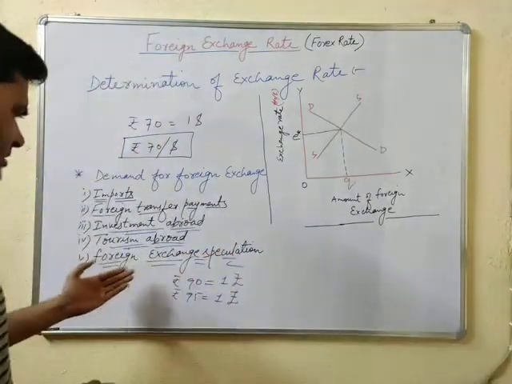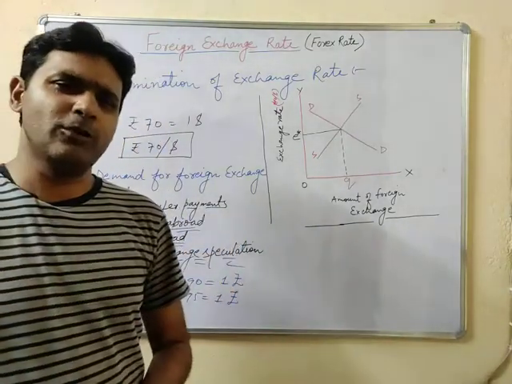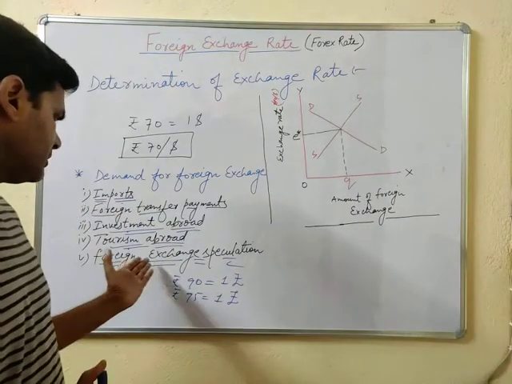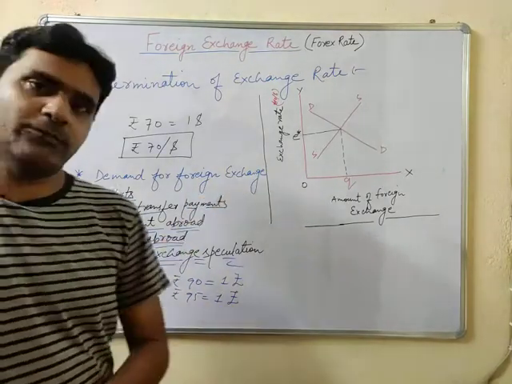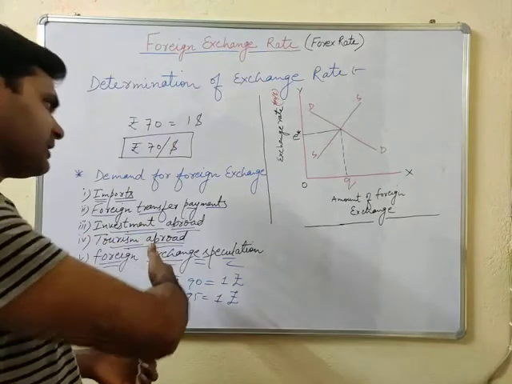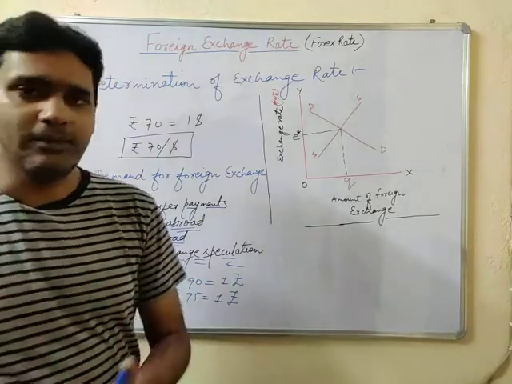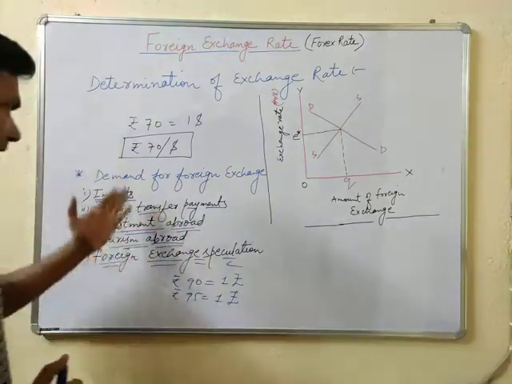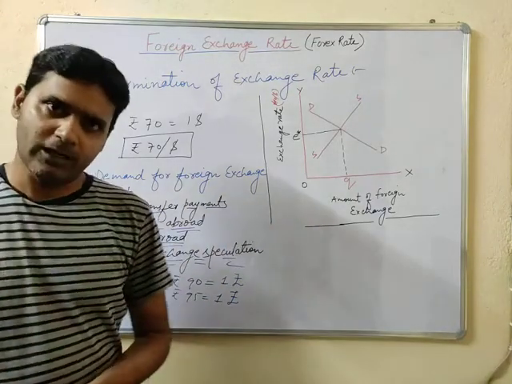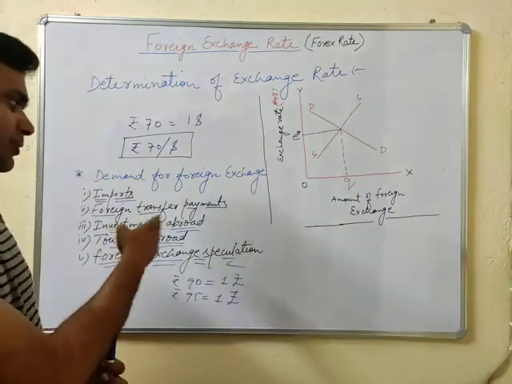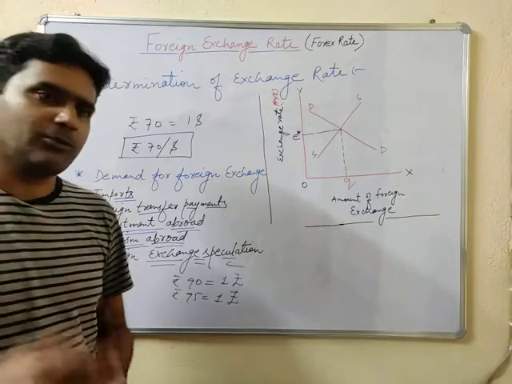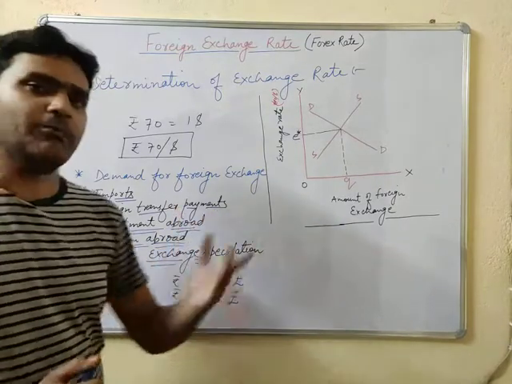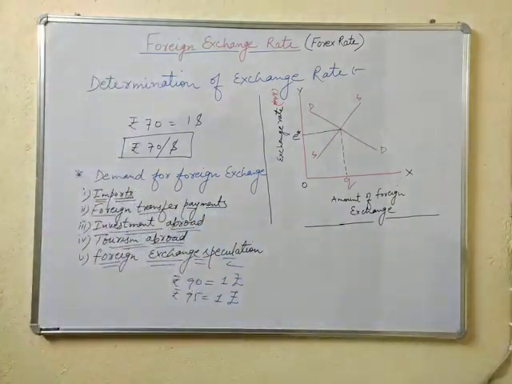So in this way speculation plays a big role in the demand for foreign exchange. So these all factors are related with the demand for foreign exchange. Now you can pause the video to note it down, then I will tell you the factors which affect the supply of foreign exchange.